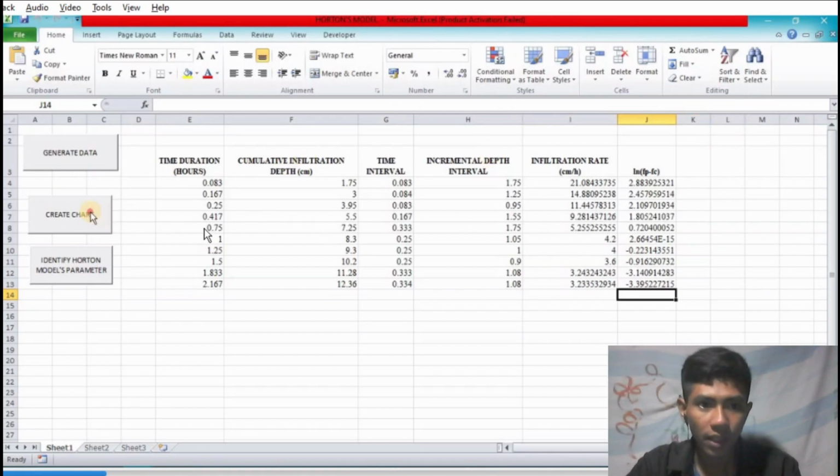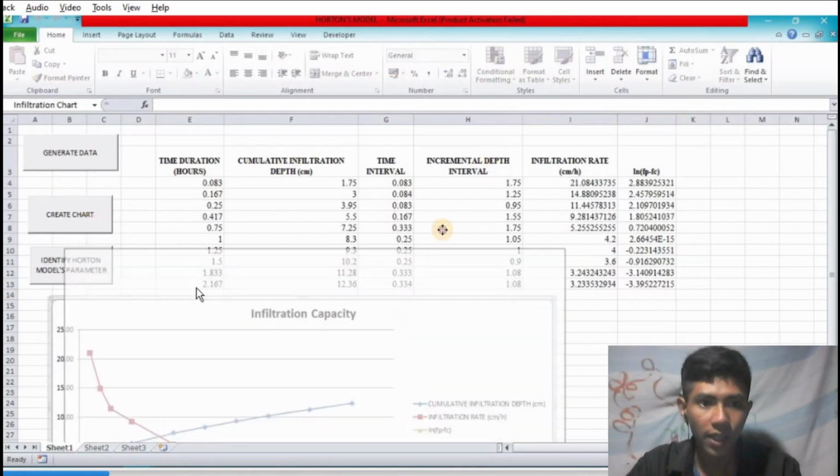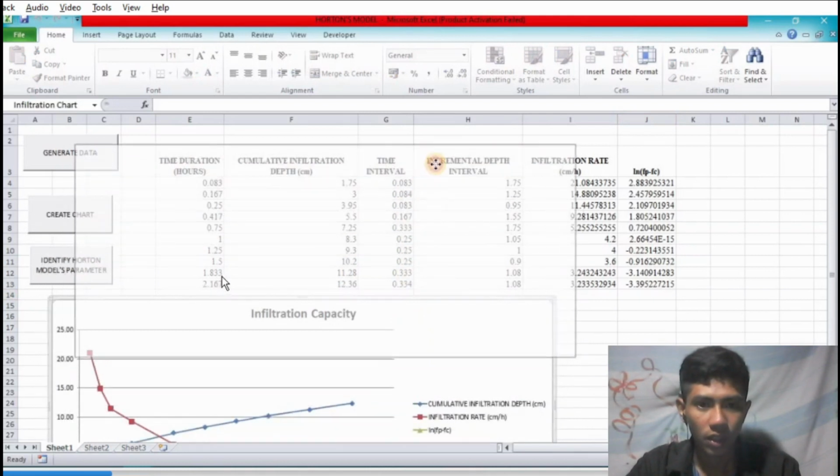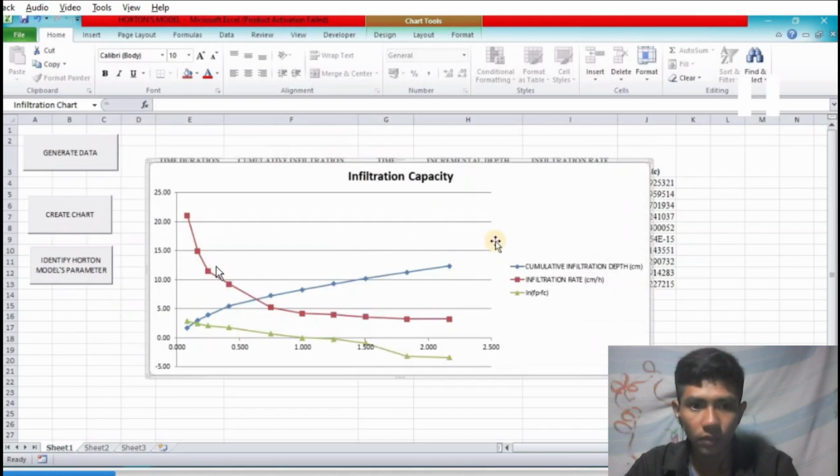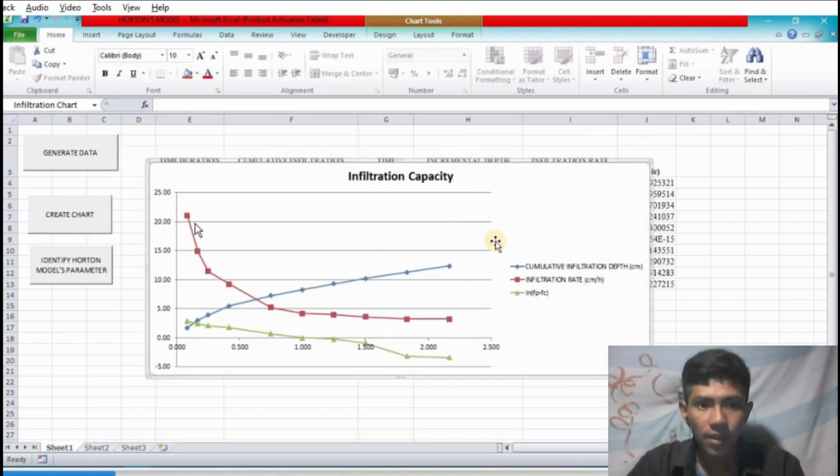Now that we have data, we are now to create a chart. The chart. Okay. Look at this. This red line presents the infiltration rate. I said kanina na infiltration rate is always decreasing.